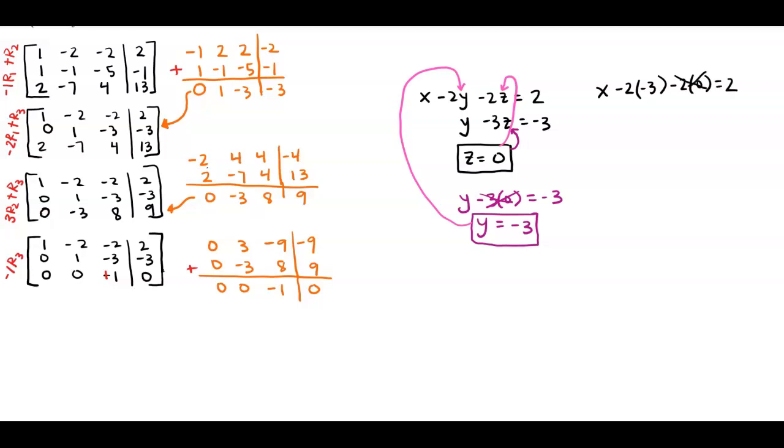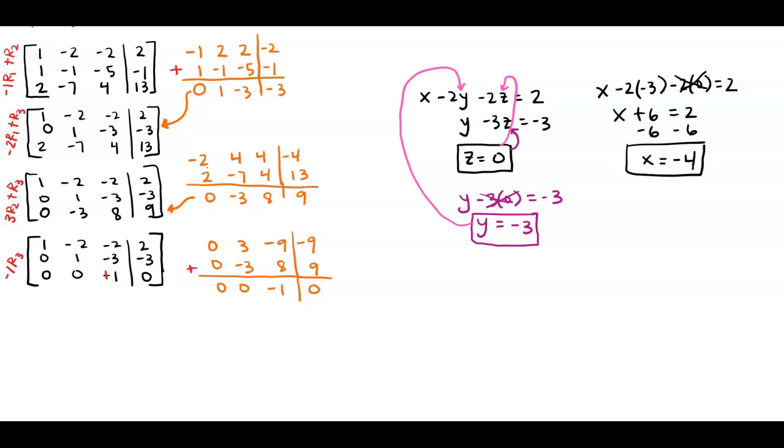Well, 0 times anything is just 0, so that's gone. But here I have x. -2 times -3 is a +6. And then I'll subtract that 6 over. So I get x equals -4.